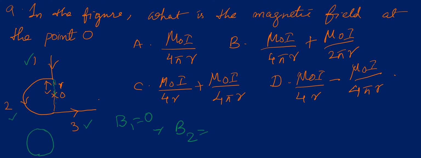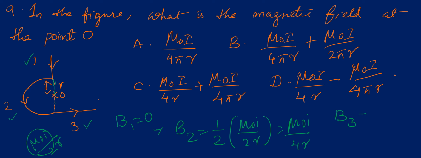If it is a full loop, then magnetic field will be mu 0 I divided by 2R. Here only half portion is there, so half into mu 0 I by 2R, or mu 0 I divided by 4R.